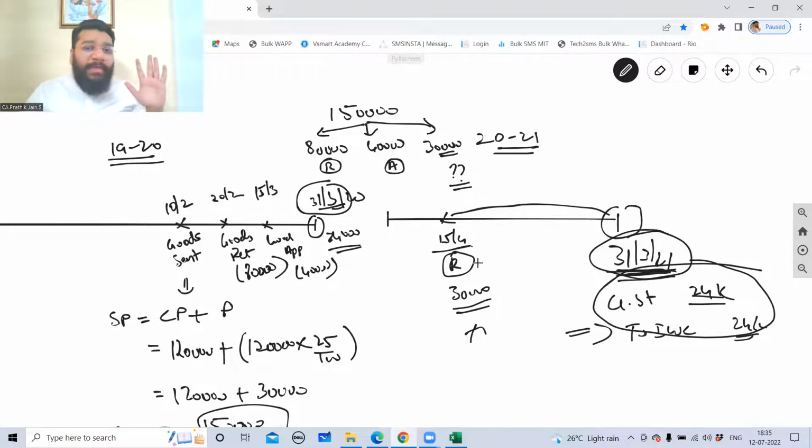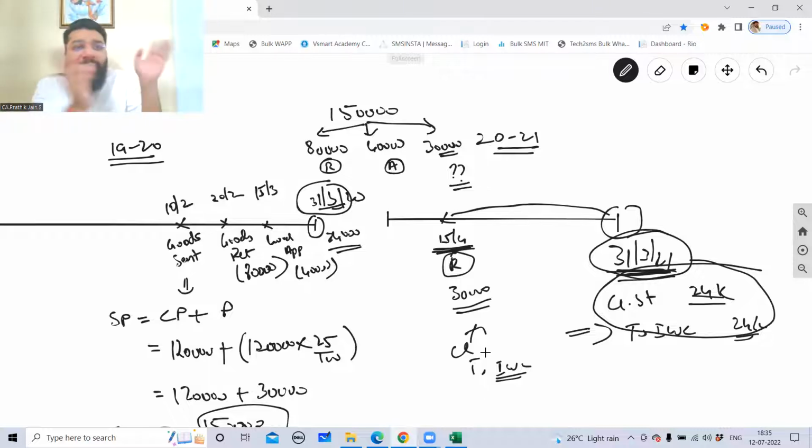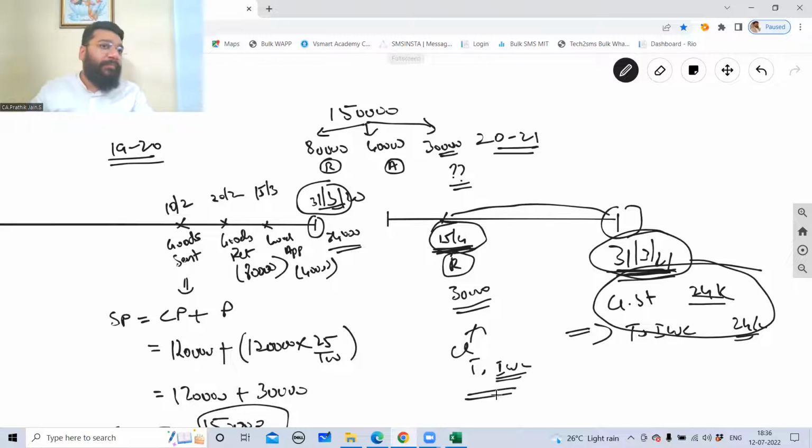If I am in your place, on 15th of April itself, I will pass this entry, closing stock to inventory with customer. Because the goods have to be sold now. Only once goods come to my premises, only then can I sell them, or I can send them to somebody else. So technically speaking, on 15th of April, I have to pass this entry. I cannot wait till the year end, because why will you wait till the year end?